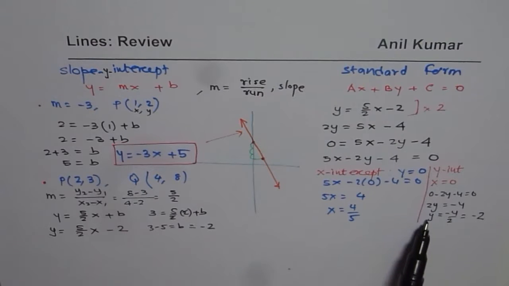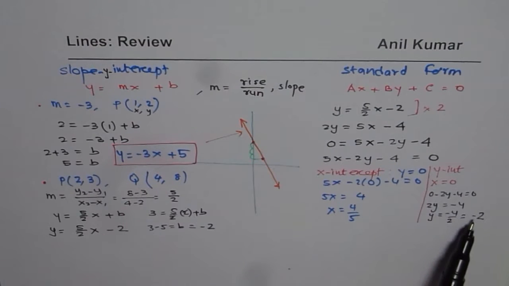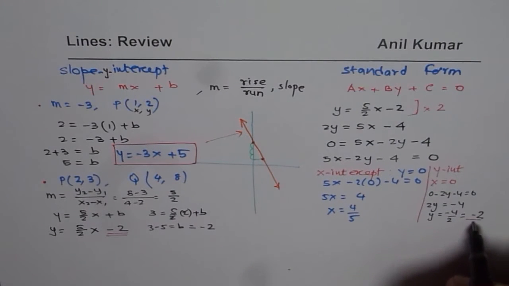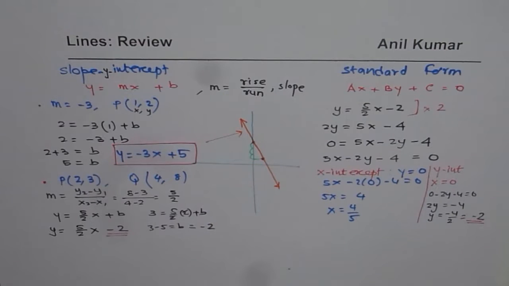So we get a line with y-intercept of minus 2, which is clearly the same as we had got earlier. Is that okay? So that is how we can get x and y-intercept from a standard form.